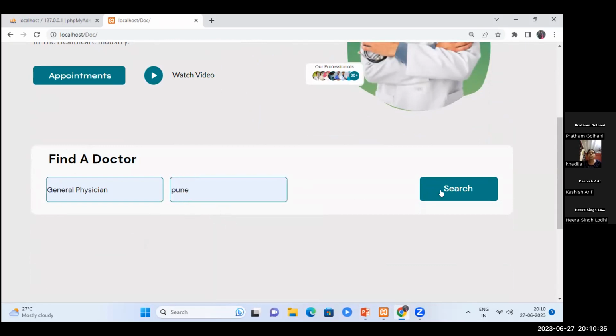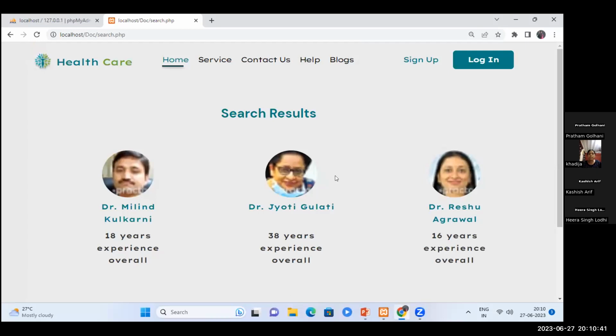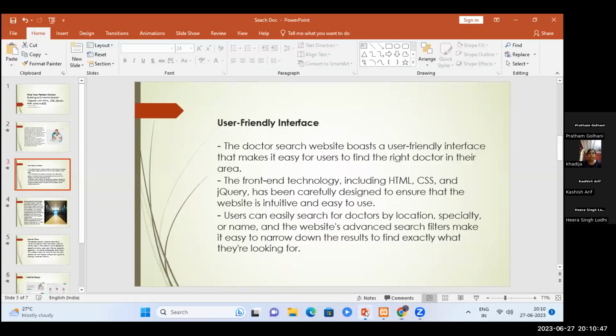By clicking on search, whatever doctors are available in the database will be displayed on the search page. That is the next page. This is what I mean by saying that the website is user friendly. Anyone can easily search for a doctor.